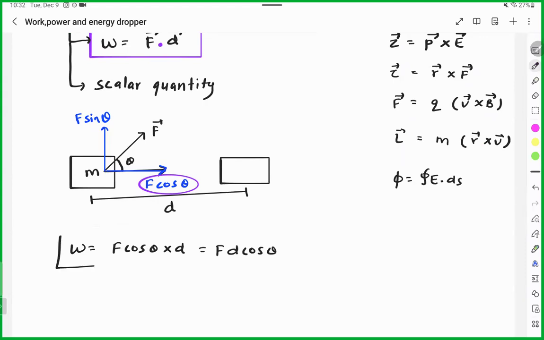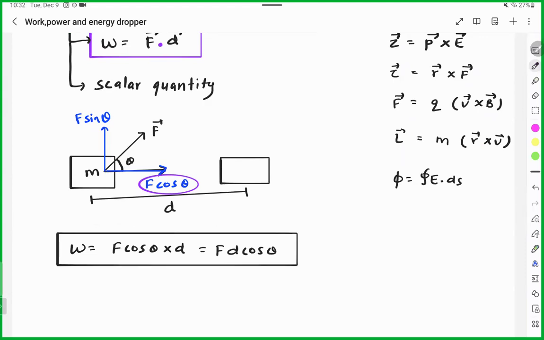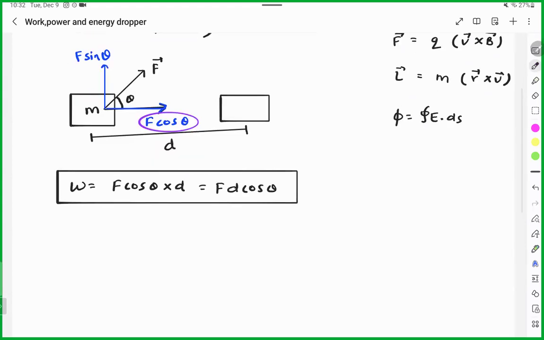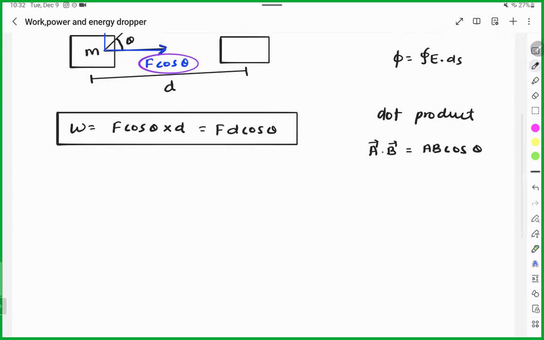Second rule you already know. In case of dot product, you use cos theta. Like A vector dot B vector is equal to AB cos theta. Pratigya, what happens in case of cross product? It is sin theta. Sin theta and one more thing, unit vector.